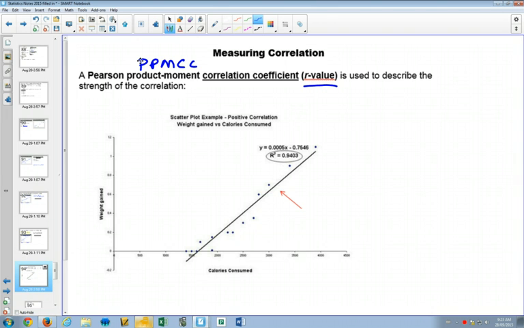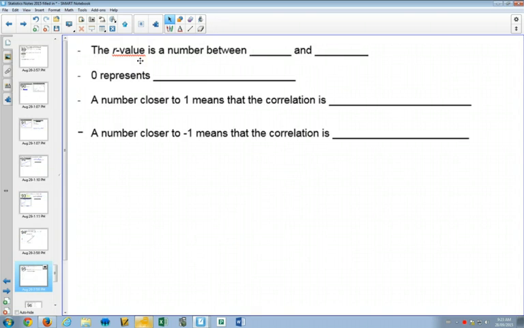Now, depending on the program that you're using, sometimes they're going to give you an R value, sometimes they're going to give you an R squared value. So this one that's drawn for you here has an R squared value. Our R value is always going to be a value between -1 and 1.